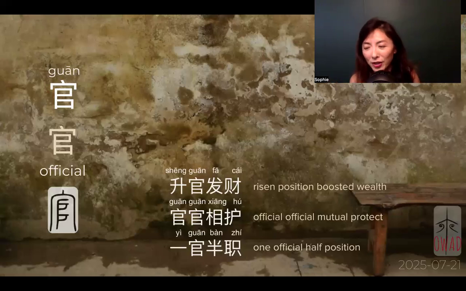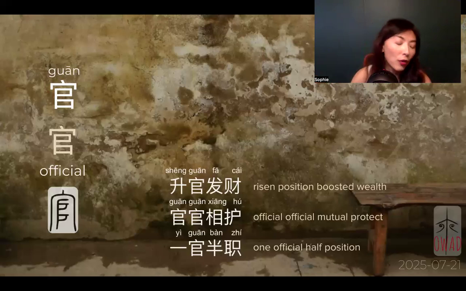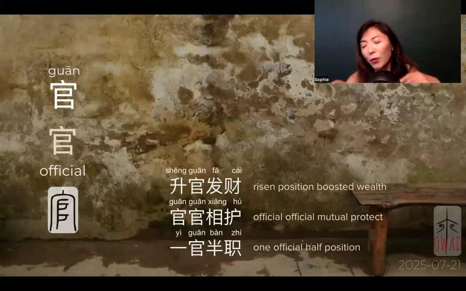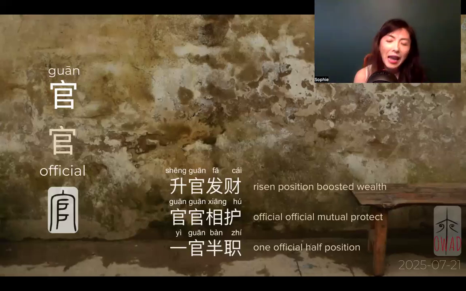So 一官半职 is almost like a half-assed position. It's peripheral. It's not essential. It's almost like a redundancy. And you just want to be working in a government bureaucracy to get 一官半职, which is non-significant. And then you're just hanging in there.